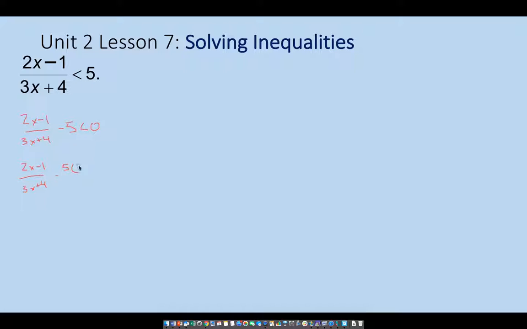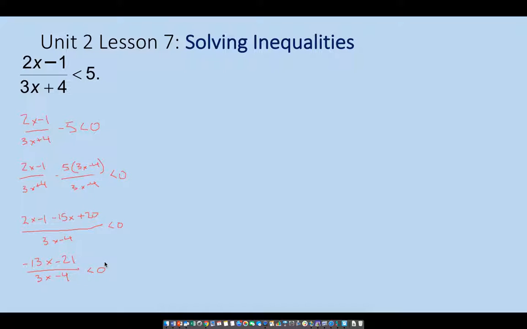So I'd have 3x minus 4 on top and 3x minus 4 on bottom. And as I solve this, I have 2x minus 1 minus 15x plus 20 over 3x minus 4 is less than 0. And when I combine all of my like terms, I'm going to get negative 13x minus 21 over 3x minus 4 is less than 0.